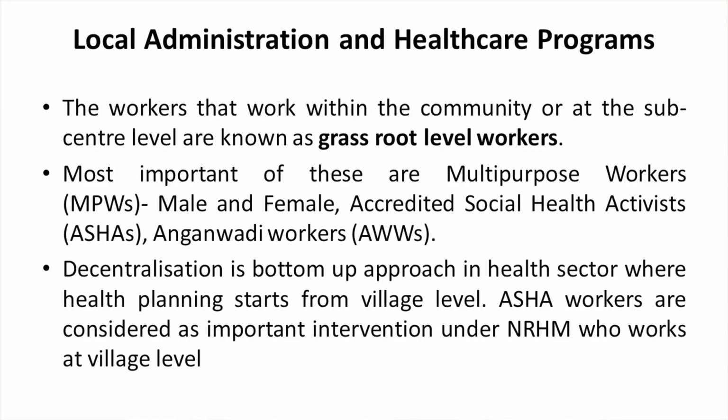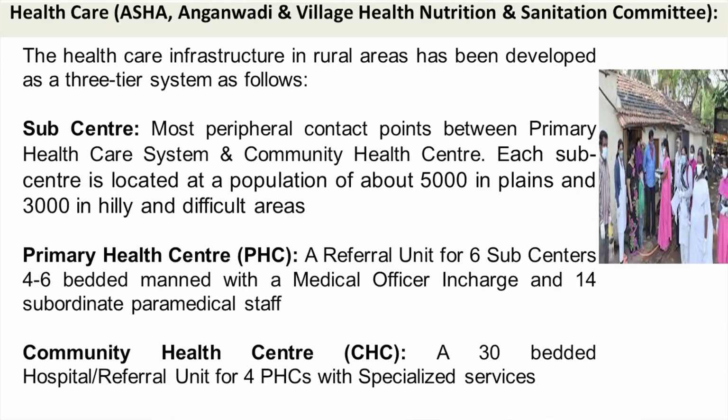So these are different categories of workers who work at the grassroots level and help in improving the health care of the villagers owing to the programs of government. So this is a decentralization approach and it is a bottom-up approach whereby these workers, these activists, help in improving the health of the villagers.